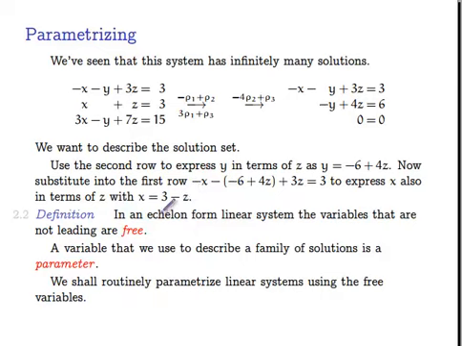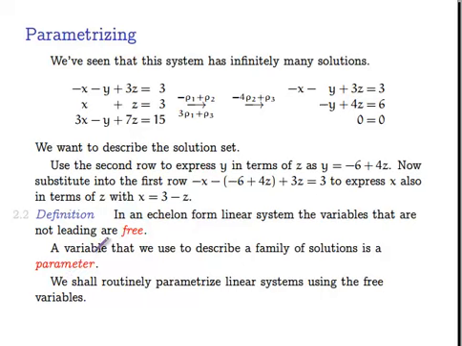All right. So in our final solution, we can say z is a free variable. In this case, z is not a leading variable. So that's why I could let z be anything I want. So z can take any value. z is free. Okay. A variable that we use to describe a family of solutions is a parameter.